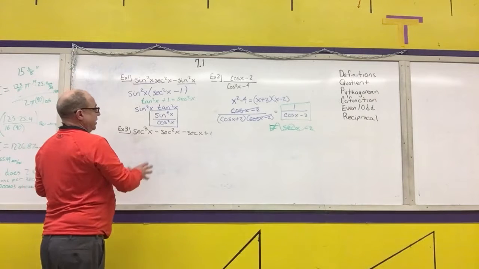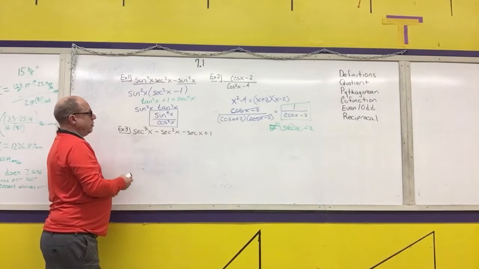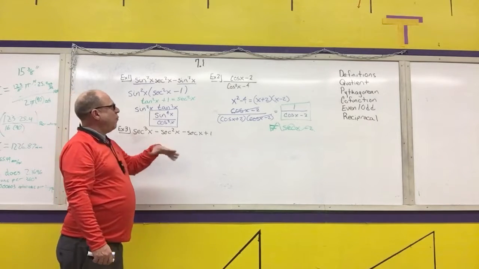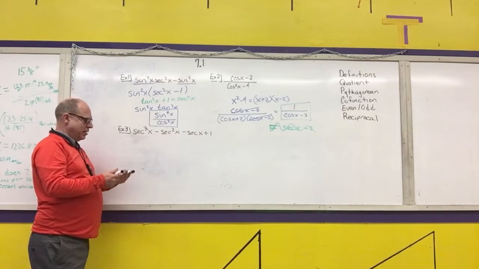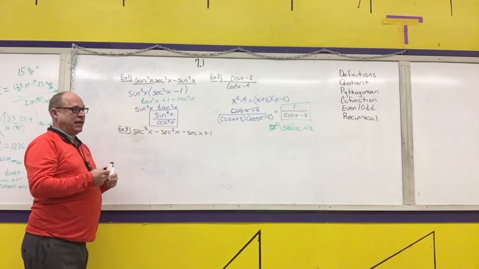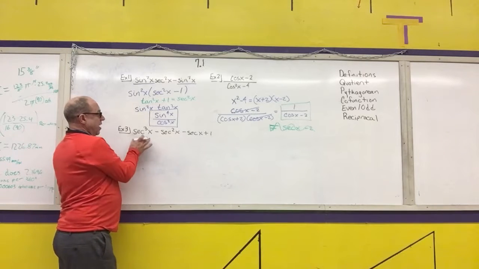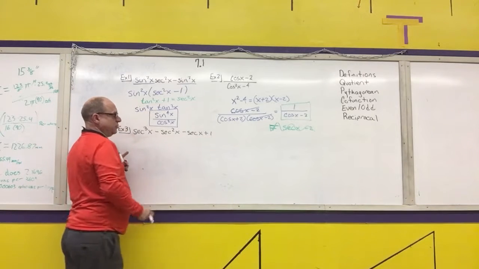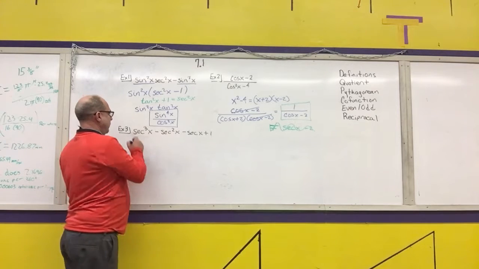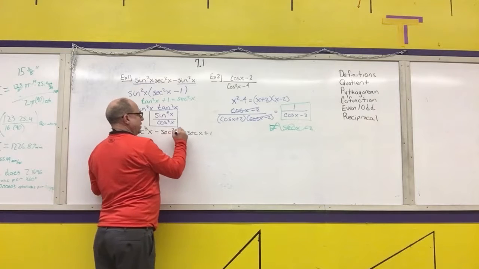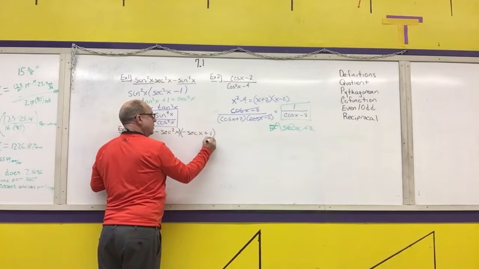The last problem again takes us back to our algebra, where I want to factor this. That's again part of the directions, to factor it and then simplify if possible. Well, I have a cubic that has 4 terms, and we saw in Algebra 2 that if you had a cubic with 4 terms, you could try to factor it by grouping.